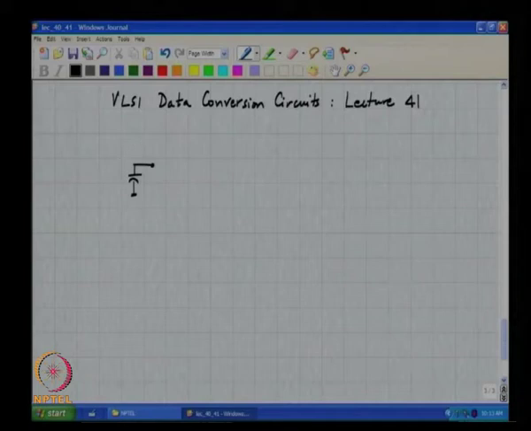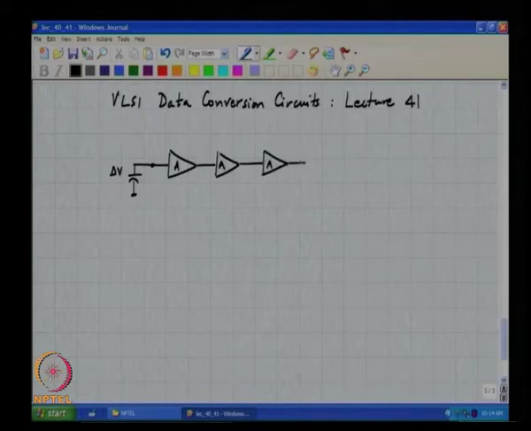One thing that suggests itself based on our experience is to go on putting amplifiers in cascade like this. As this delta V keeps going through this chain of amplifiers, it will be A times delta V, A square times delta V, A cube times delta V, and so on. Eventually these amplifiers, which are running off of supply voltages, positive and negative, will saturate.